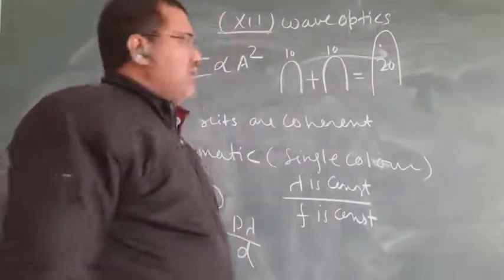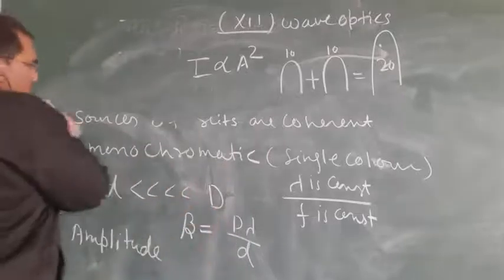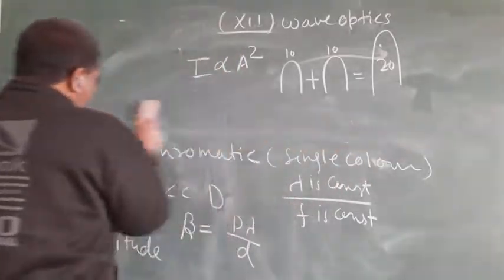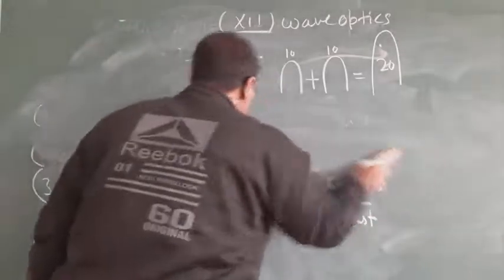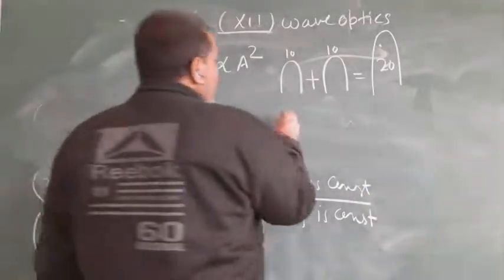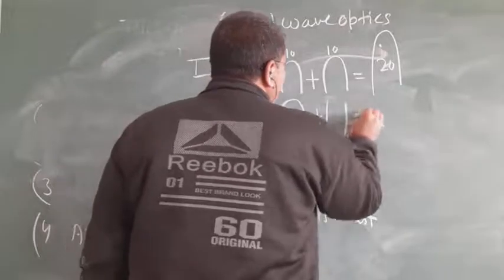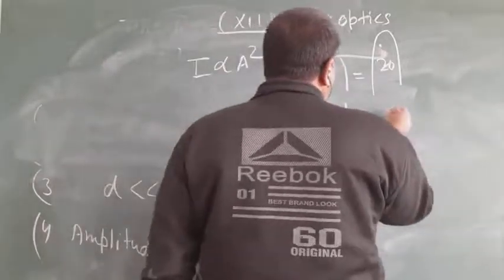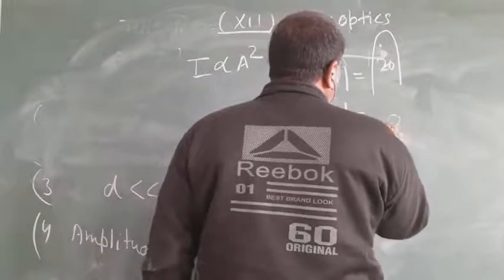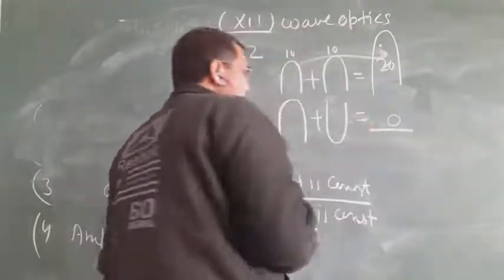Crest meets crest, so maximum is obtained here, and if they meet in opposite phase like that, it means 10 minus 10 equals 0. Minimum is obtained and the value of the minima is 0.